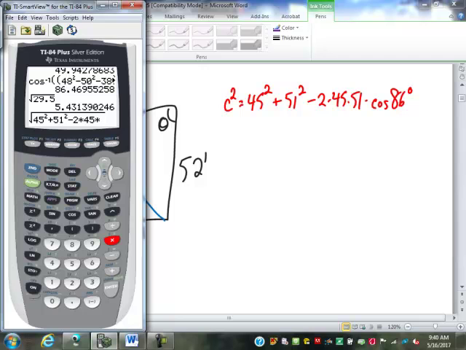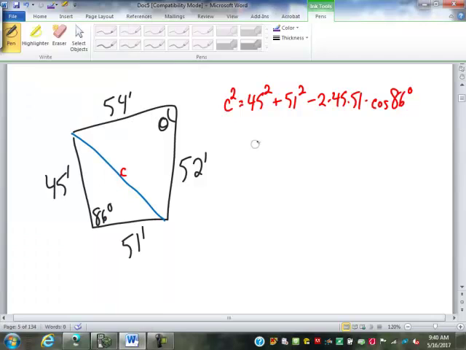So minus 2 times 45 times 51 times the cosine of 86. I have to close my parentheses once. Most of you will have to close them twice because your square root generated a parentheses. I hit equals and I get 65.62.